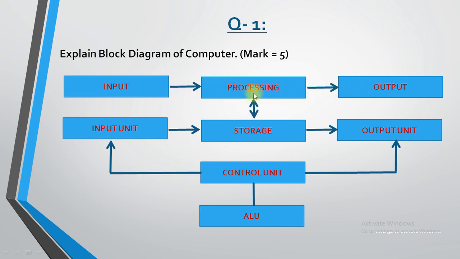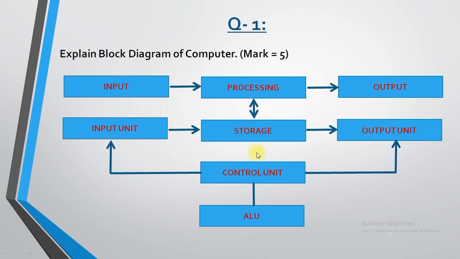Over here, processing and storage are both connected with two-way arrow lines. That means storage will transfer data for processing, as well as after processing it will transfer data to the storage device. Control unit controls the data which is inside the input unit as well as inside the output unit.